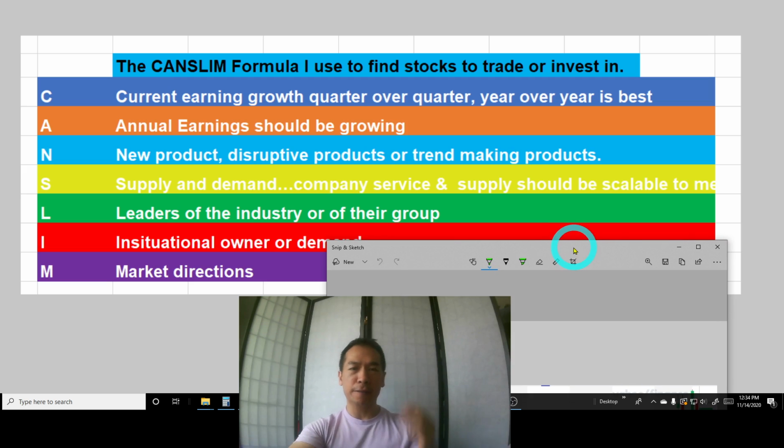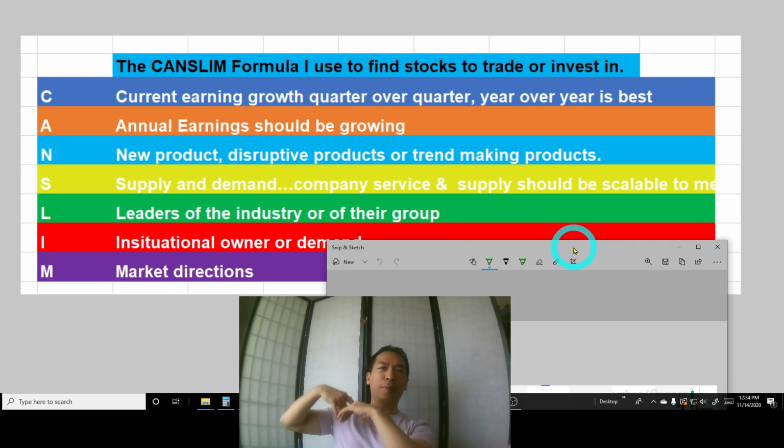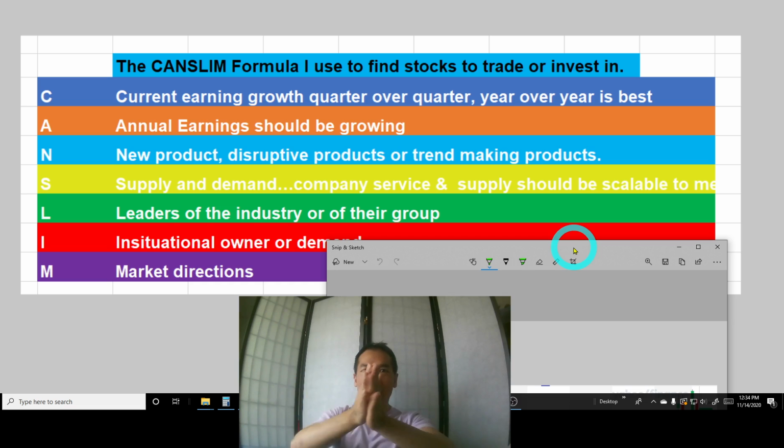And the next one is supply and demand. Is the company's supply and demand scalable? Of course, because as people charge for it, they are just a platform that connects the buyer and seller together. And they get a fee. You know how Amazon is a platform to connect buyers and sellers of physical products, right?